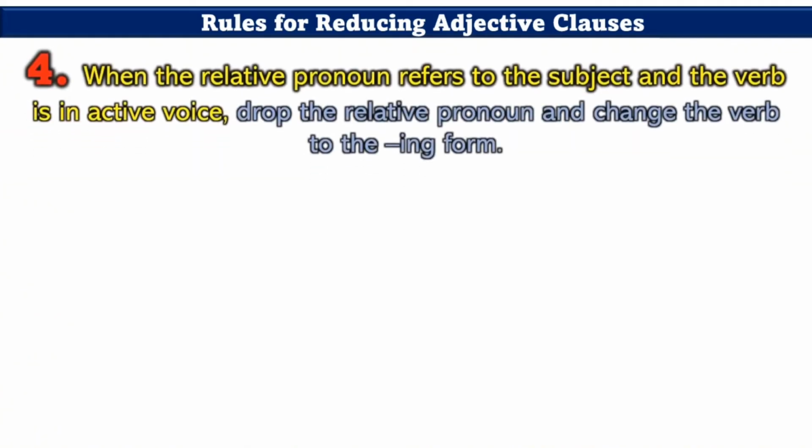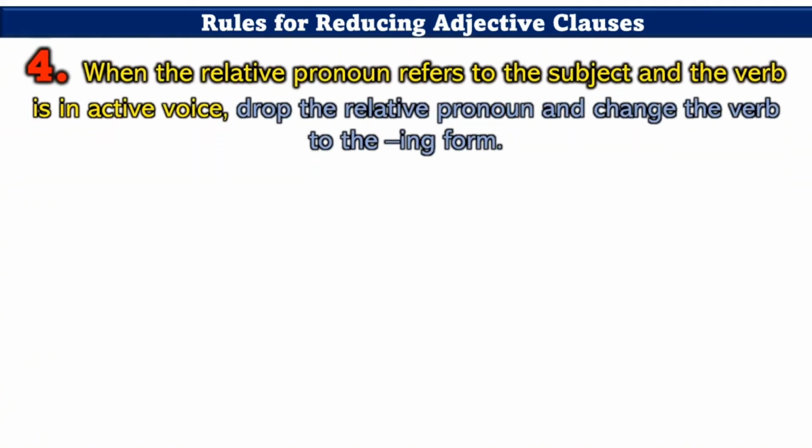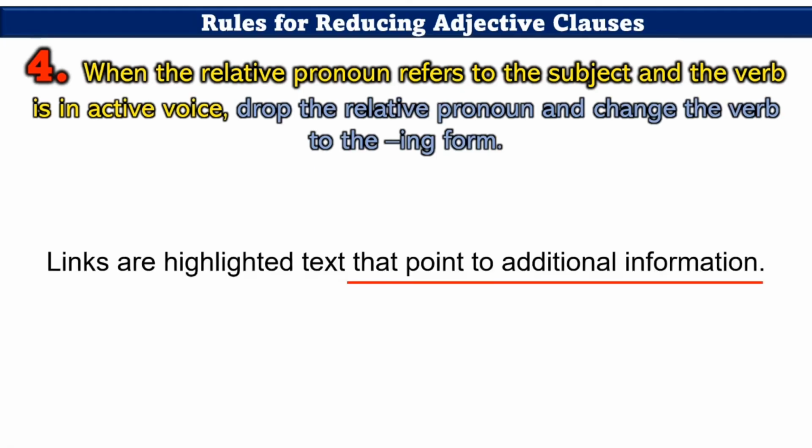There's also another rule stating that when the relative pronoun refers to the subject and the verb is in active voice, drop the relative pronoun and change the verb to the ing form. In this example, links are highlighted text that point to additional information.